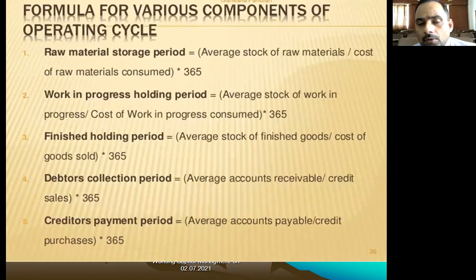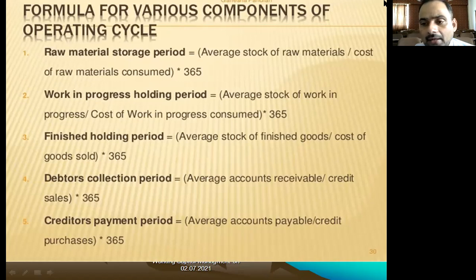Now we are going to discuss the formulas of the various components of the operating cycle. How will we calculate the raw material storage period? For calculating the raw material storage period, we take the average stock of raw materials divided by the cost of raw materials consumed, multiplied by 365 days.